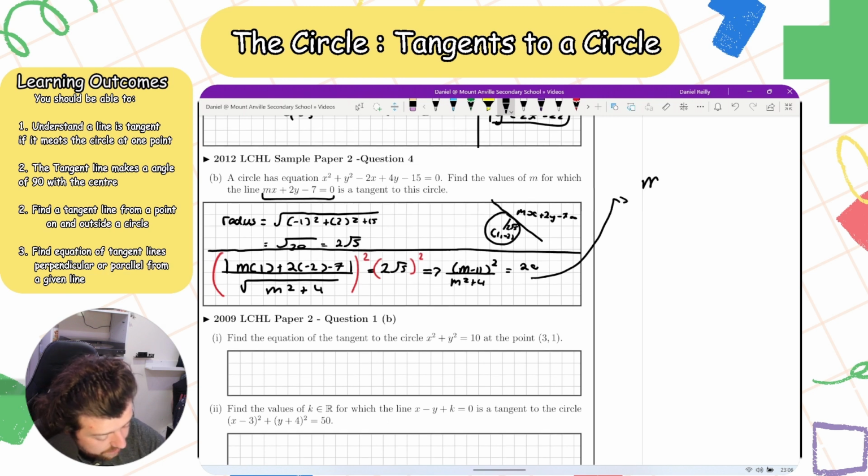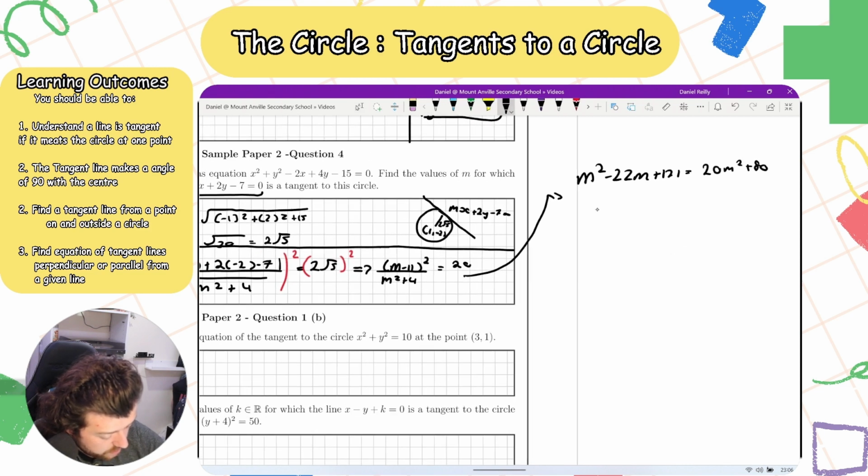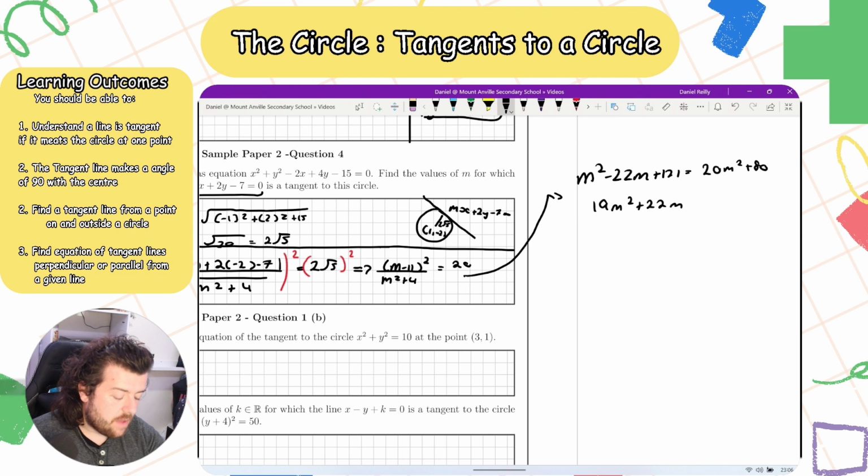So I'm going to have m² - 22m + 121 is equal to 20 times (m² + 4), which is 20m² + 80. Everything over to one side: 19m² + 22m, and then 80 minus 121 is -41, equals 0.